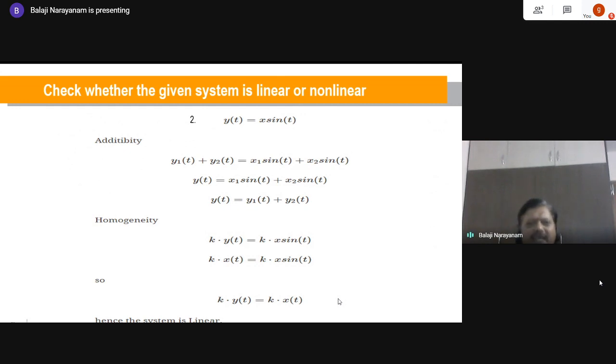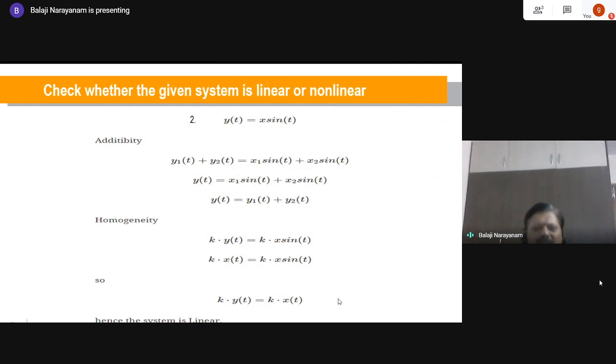Now, let us take another example. y of t is equal to x into sine of t, and y1 of t is equal to x1 sine of t, y2 of t is x2 sine of t. Similarly, you can apply both the additivity property and the homogeneity property.